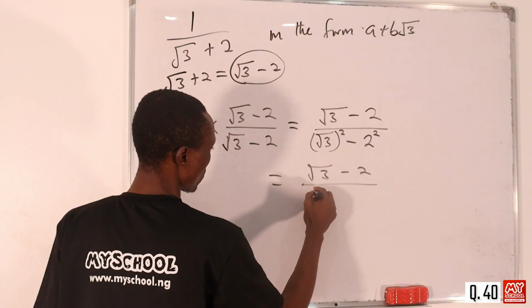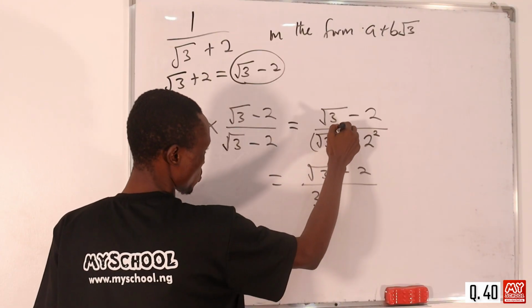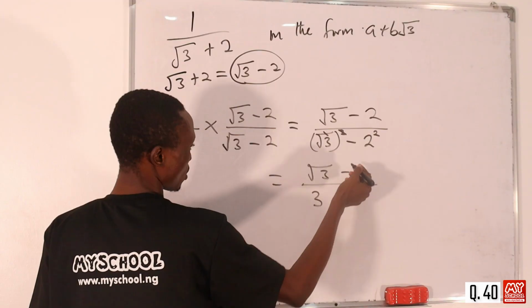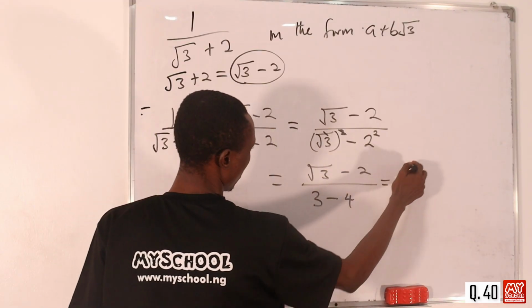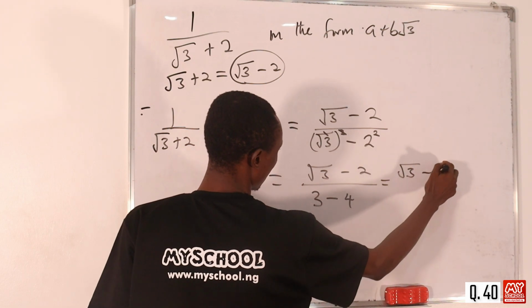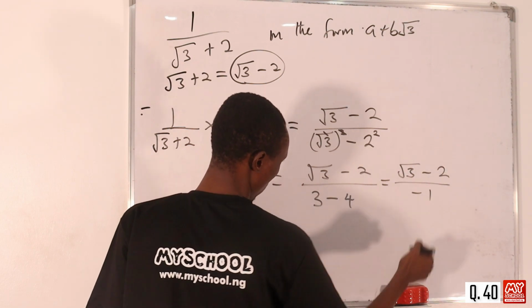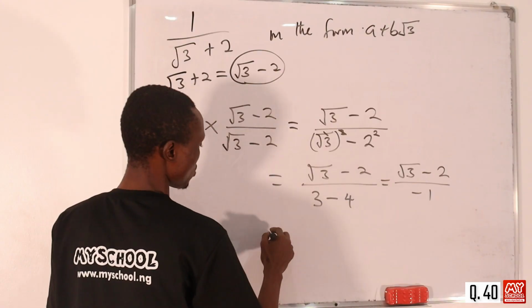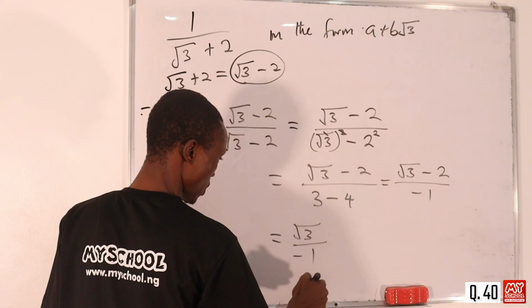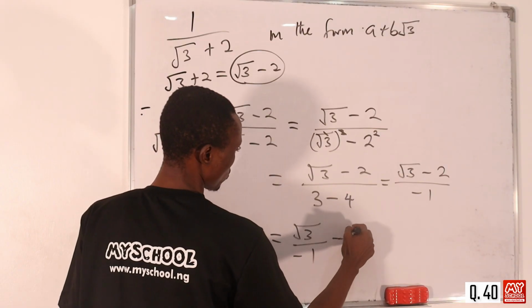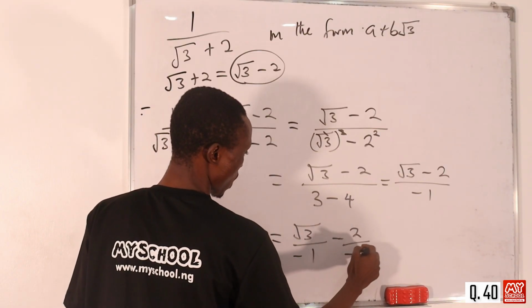Here we are going to have 3, because the square cancels out the square root, then minus 2 raised to power 2, which is 4. So we now have root 3 minus 2 all over minus 1. We can rewrite this as root 3 all over minus 1, then minus 2 all over minus 1.